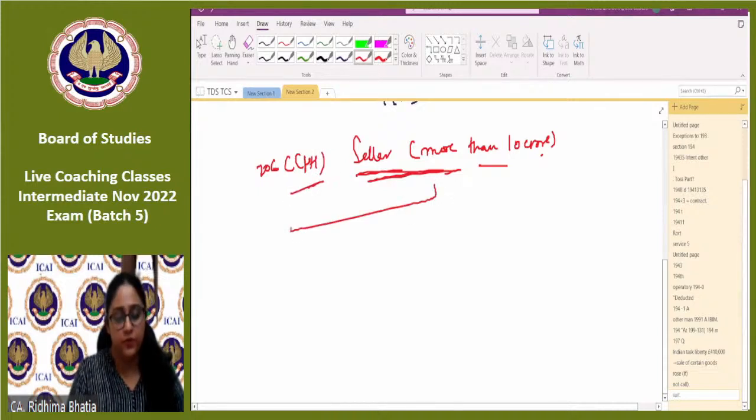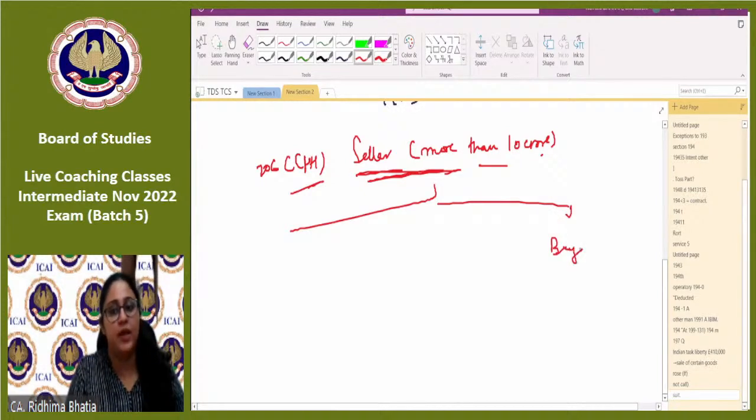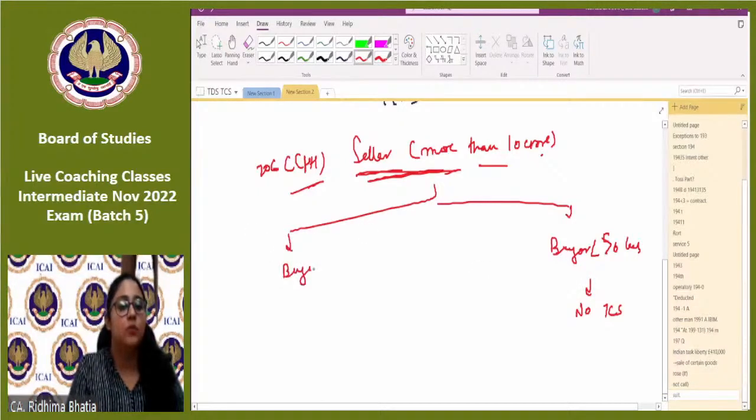It can be triggered. So first you have to see two things. If buyer के साथ आपका 50 लाख से ज्यादा का ट्रांजैक्शन है या नहीं, right? If buyer के साथ less than 50 lakhs का ट्रांजैक्शन है, then no TCS, correct? You can sit back and relax. Buyer के साथ more than 50 lakhs का ट्रांजैक्शन है, then you have to see two things.